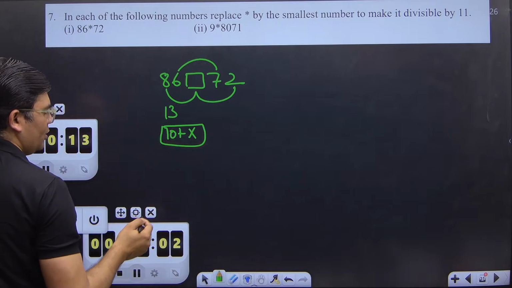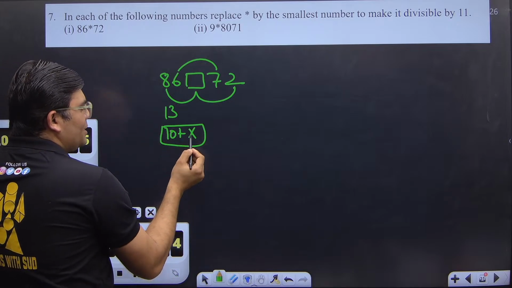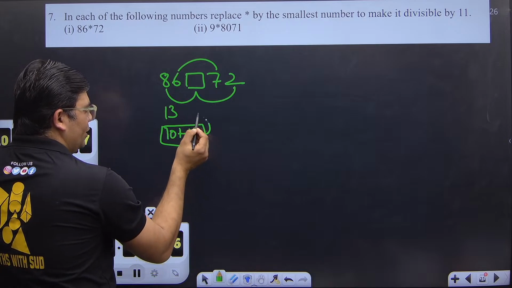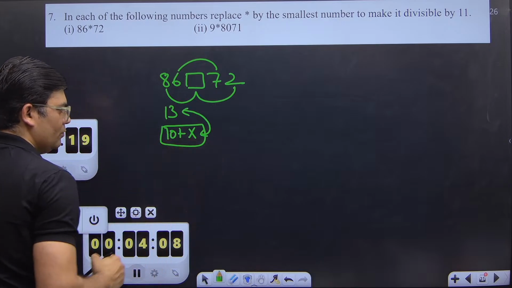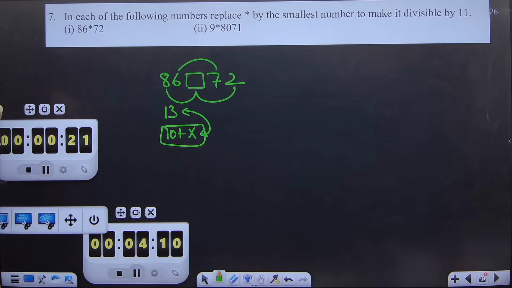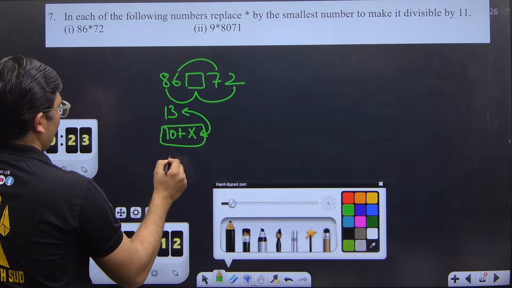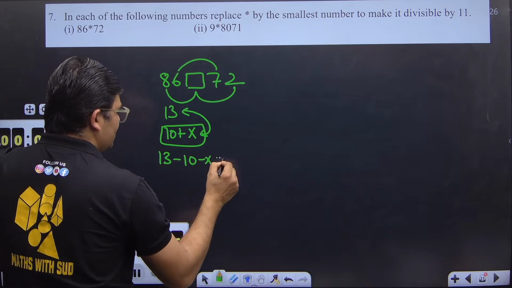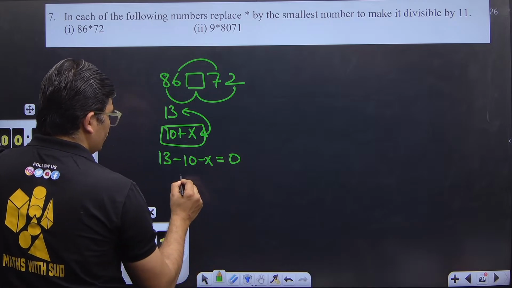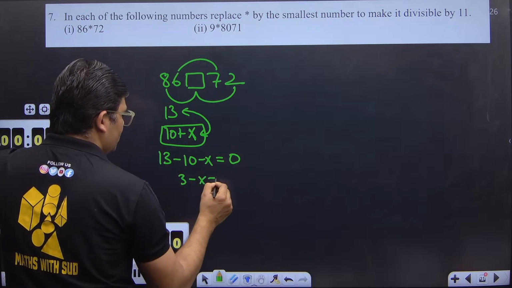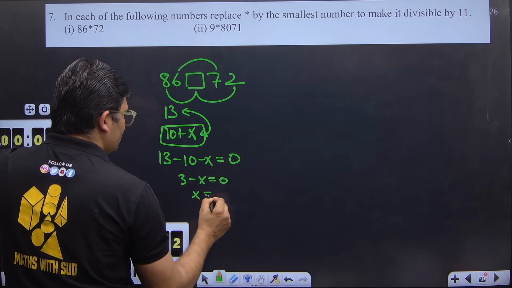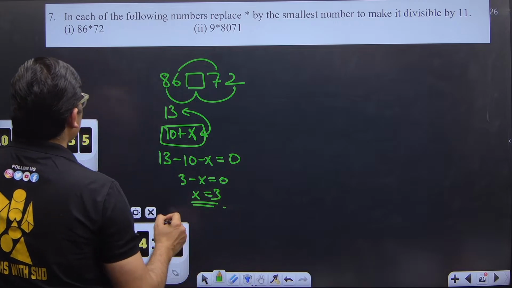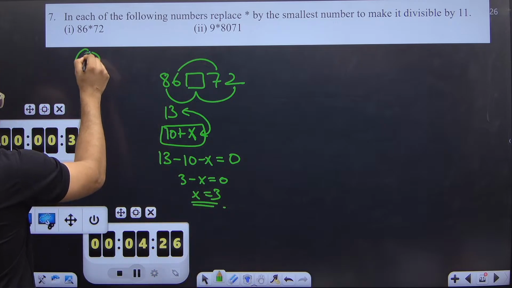Tell me, 10 plus x has to be equal to 13 because we need to make 0. 3. So the smallest number is, you will write like this: 13 minus 10 minus x is equal to 0. So 3 minus x is equal to 0. So x is equal to 3. So the smallest number is 3.